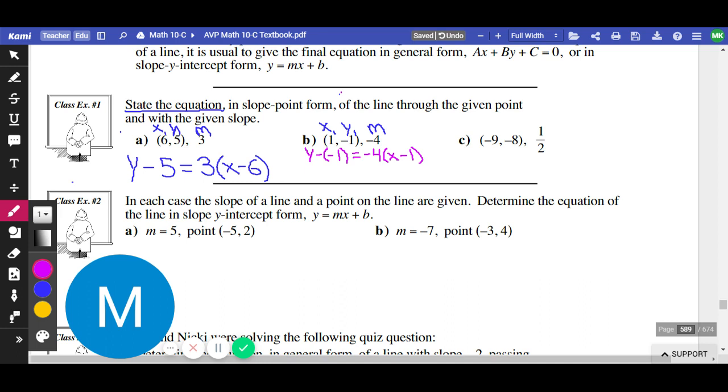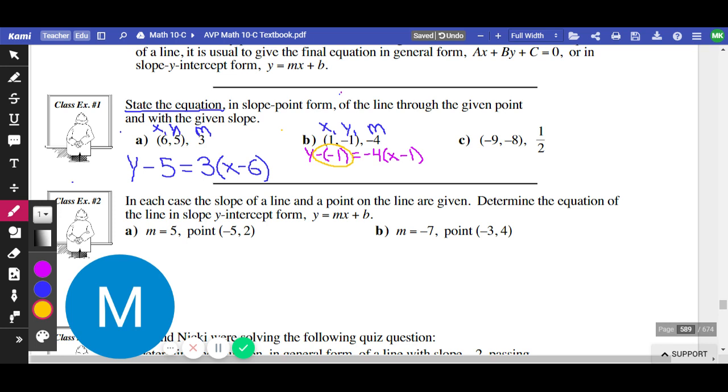However, that's not how we would leave our answer. Anybody want to suggest why I wouldn't leave that as my answer? Something I'd want to change. This is what I'd want to change. We wouldn't write minus -1.